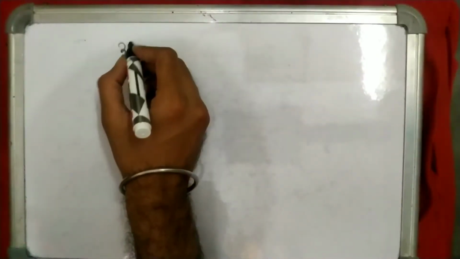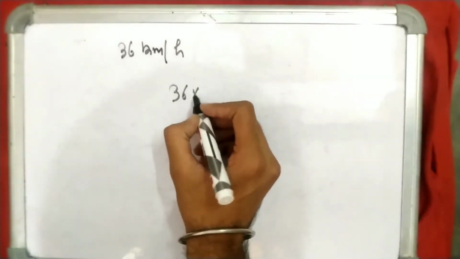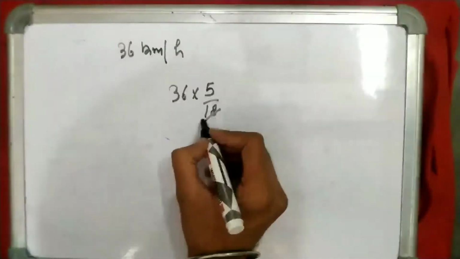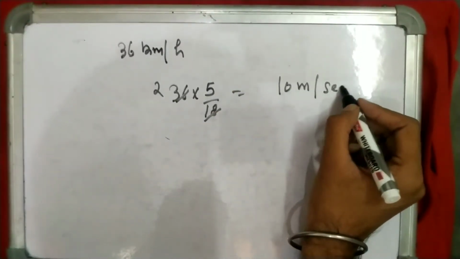Suppose you have a question: convert 36 kilometer per hour into meter per second. Simply multiply by 5 by 18, you get 2, so the answer is 10 meter per second.